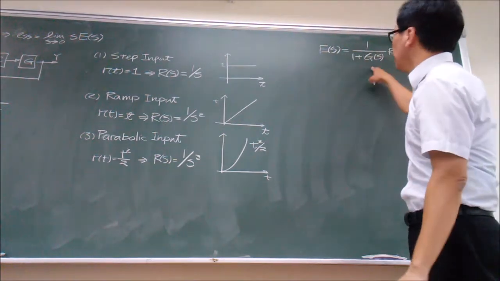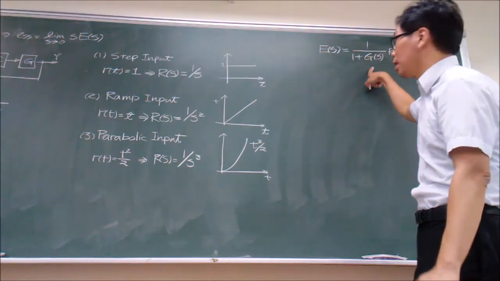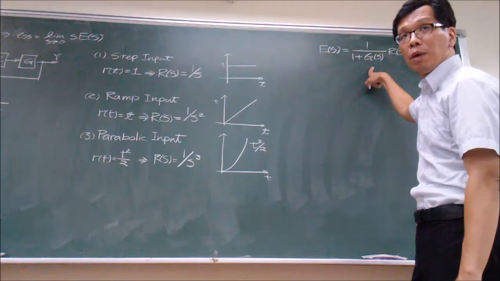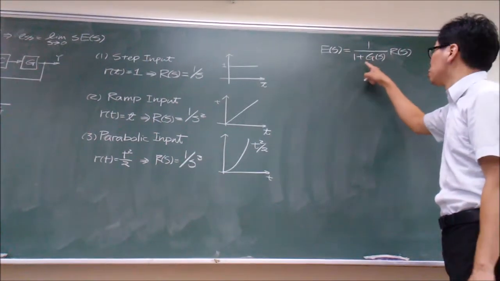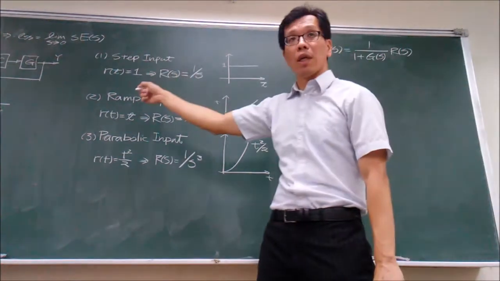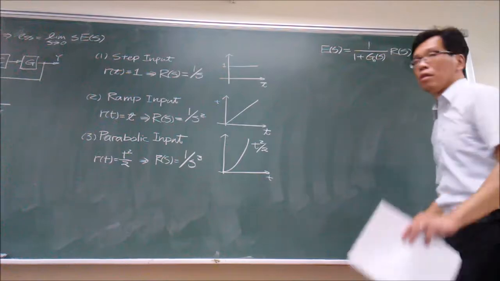Okay? I lumped both C and G together as a single function. You can say this is CG, it doesn't really matter, but eventually this is something we're going to have. It's just a transfer function lumping C and G together.